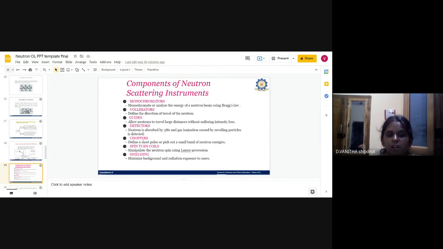There are spin turn coils, which are used to manipulate the neutron spin using Larmor precession, and there is shielding, which is used to minimize the background and radiation exposure to the users.